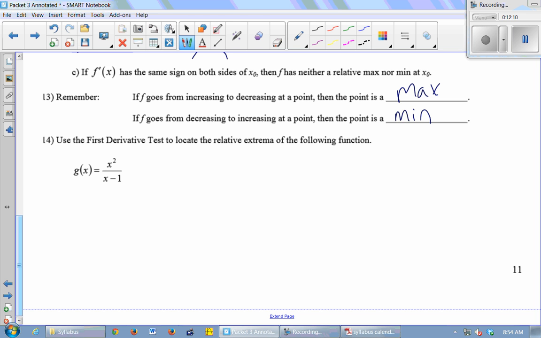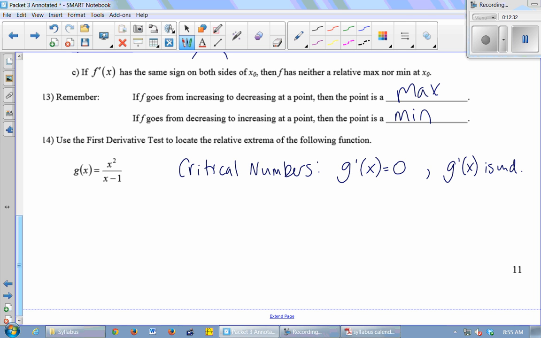So I have to find places where g prime equals 0 or g prime is undefined. So critical numbers is where we start. We set g prime of x equal to 0, and we also find where g prime is undefined. So in order to do this, I have to first get g prime. Right? So I have to take the derivative.